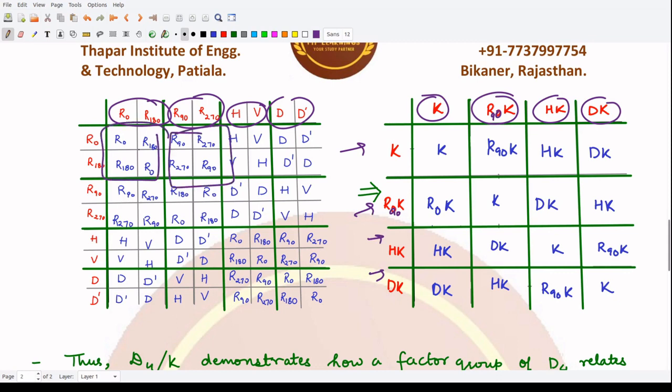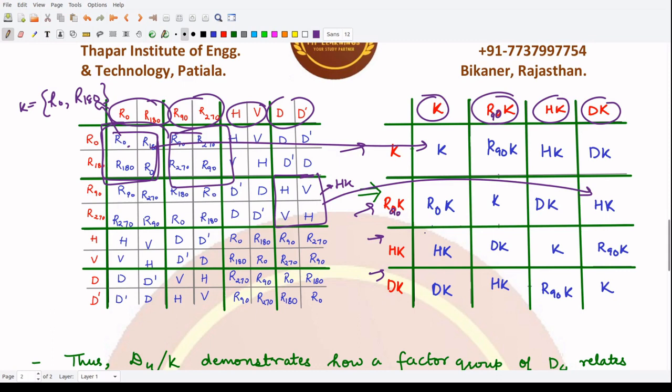If you see clearly, the first block contains only the 2 elements R0 and R180, and this set is your K. So instead of writing these 4 elements, you can now write K here. Similarly, instead of writing this HV block, you know it is HK, so you can write HK here. Similarly, we can replace all of these blocks with the shorter forms, the cosets.